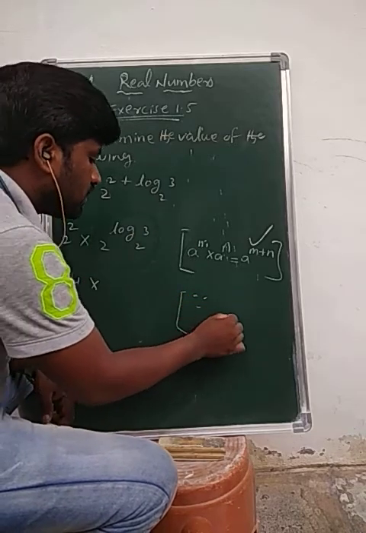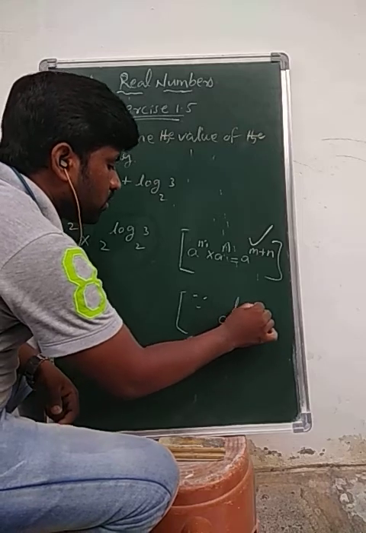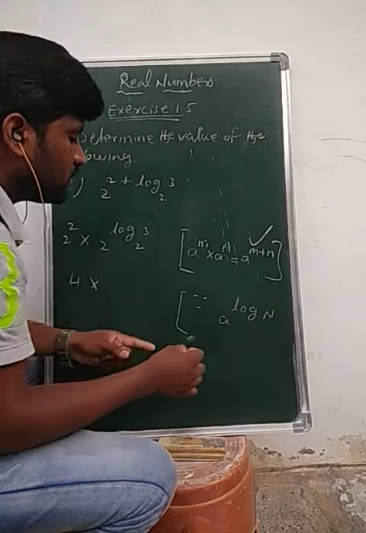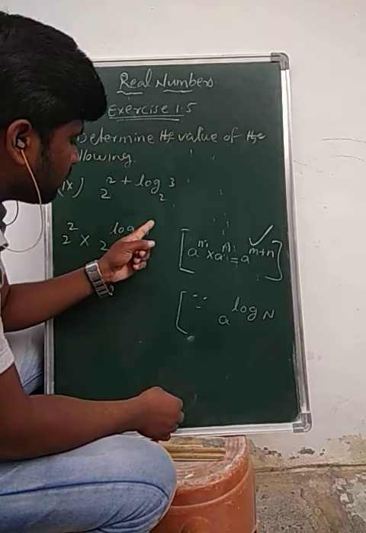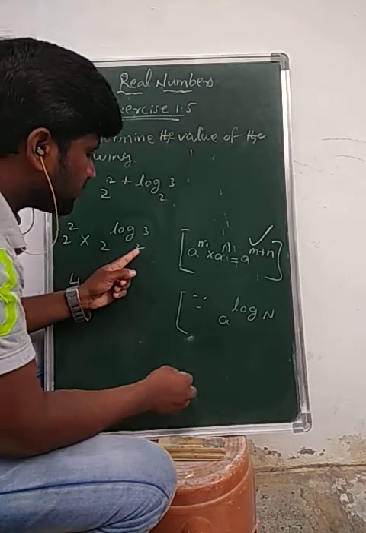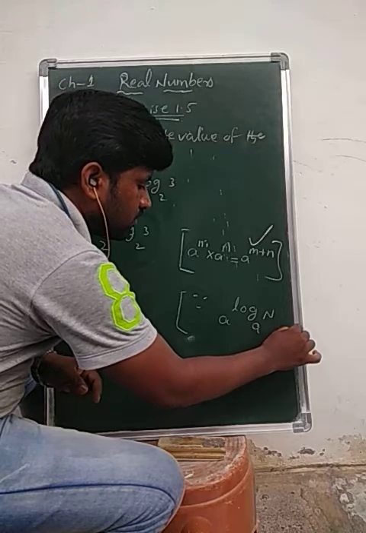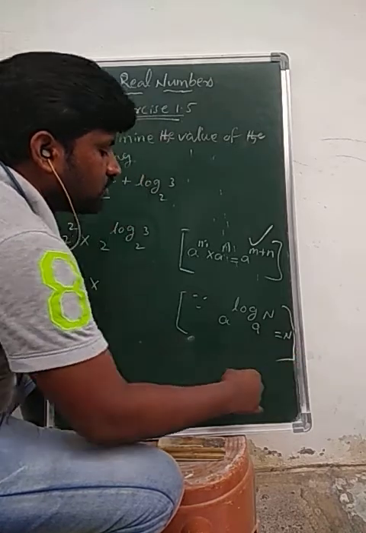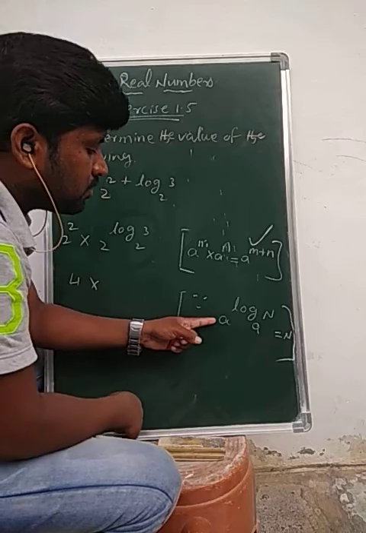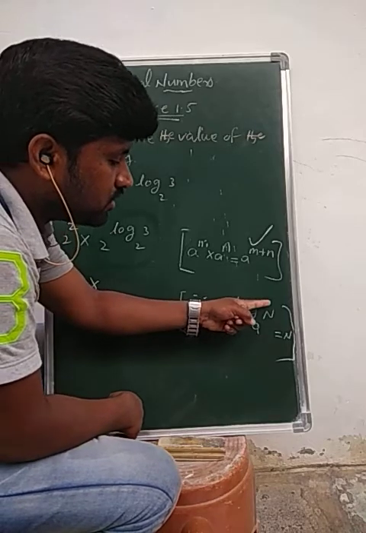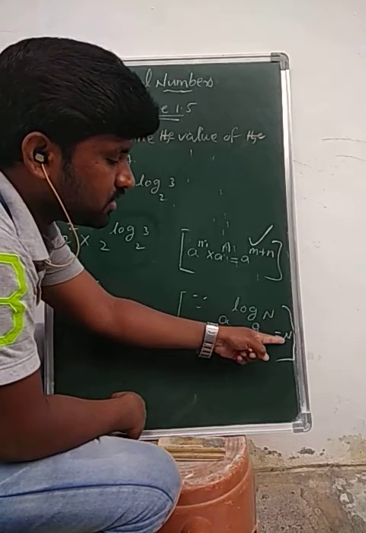you just observe which formula is useful here: a power log of n to the base a is equal to n. What is the formula? A power log of n to the base a is equal to n.